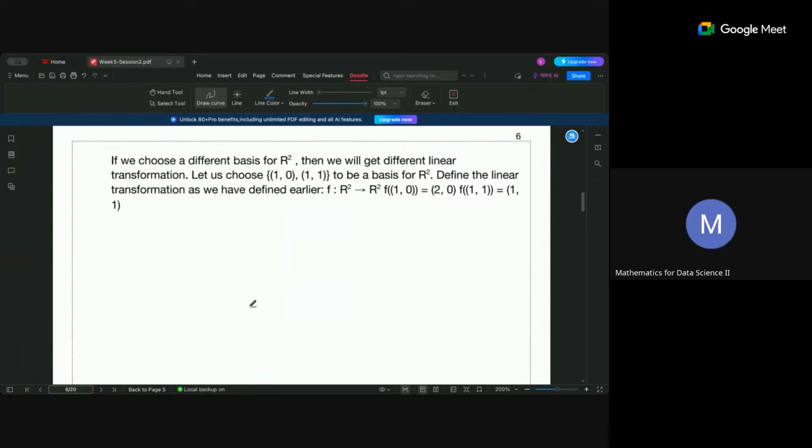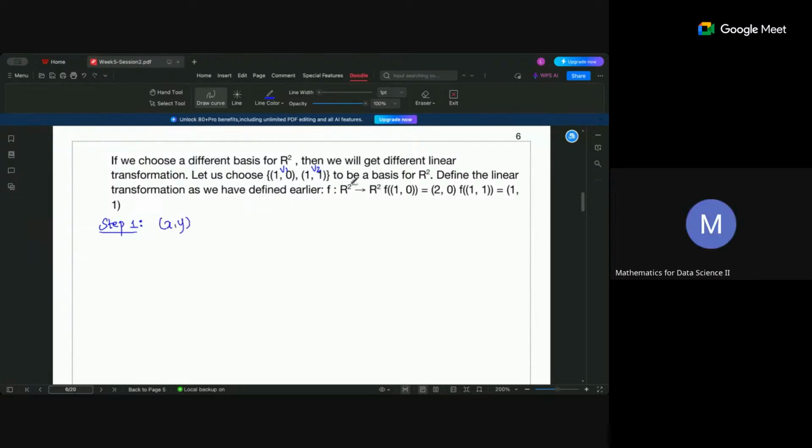Instead of e1 and e2, now you have some other different bases, let's say v1, v2. You are given that this is a linear transformation and the images of this particular basis are given. So what is your step 1? Taking a random vector (x, y).